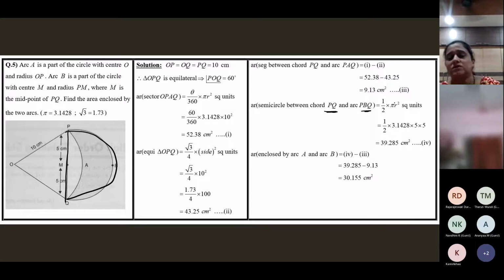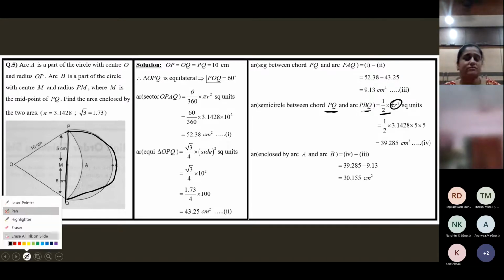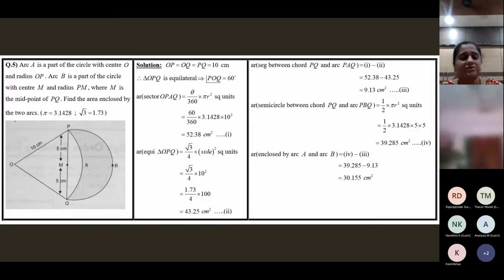Because circle's area is pi r square, semicircle is half pi r square. But radius is 5 here. That's all. I usually number like this. And then the area between these two arcs is equal to the area of the semicircle, which is 4, minus the area of the segment, which is 3. 4 minus 3.